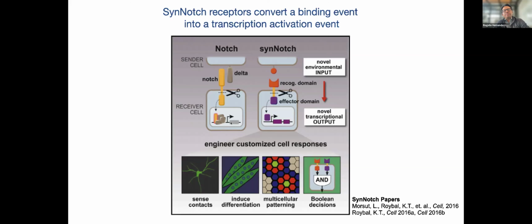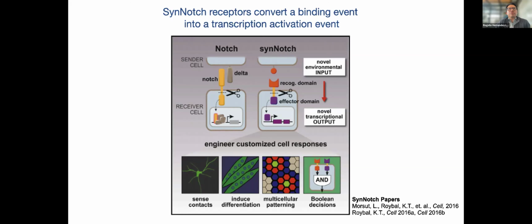So what Leo Morsut and Kole Roybal, who were a few years ago postdocs in the lab of Wendell Lim, now professors at UCSF and USC, thought about was: what if we keep this functionality of Notch, but use it in a synthetic manner to encode novel functions?